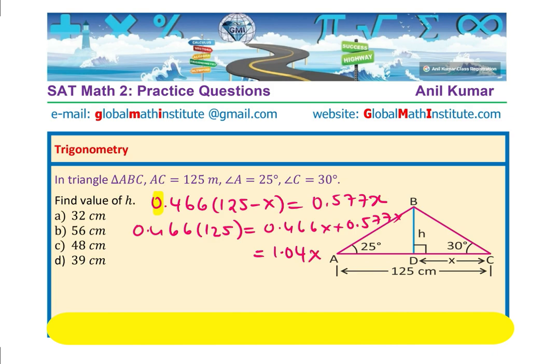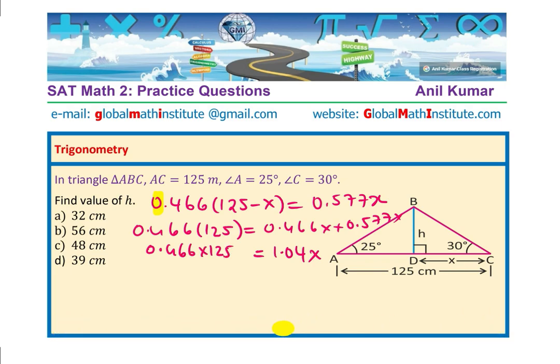And here we can multiply and then divide by this number. So 0.466 times 125 divided by 1.04 will give me the value of X, correct?